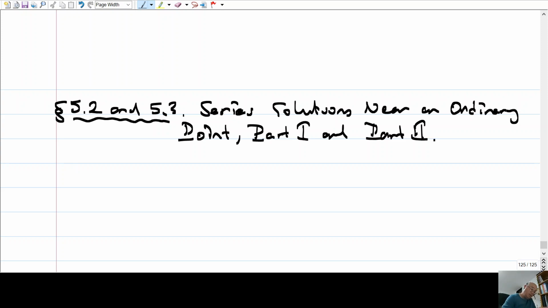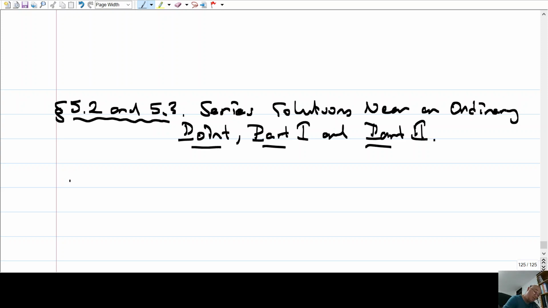Okay. Well, here we will consider second order homogeneous linear differential equations, but it won't be a constant coefficient equation because we have already studied those. This will have variable coefficient functions.